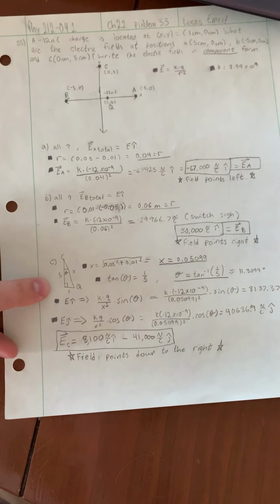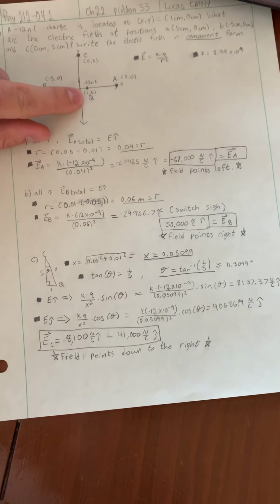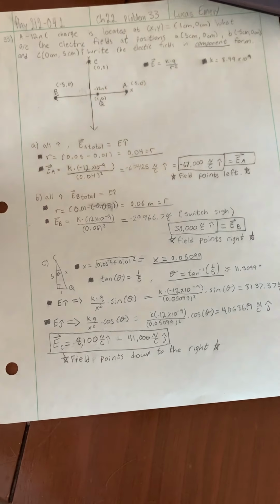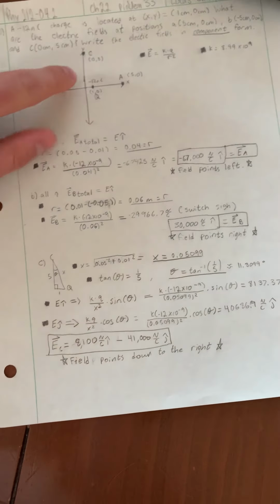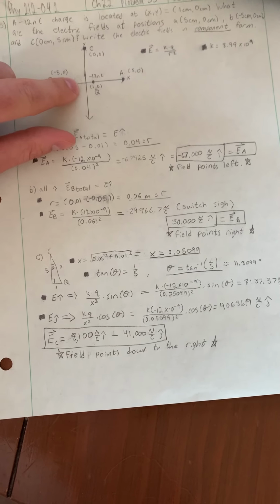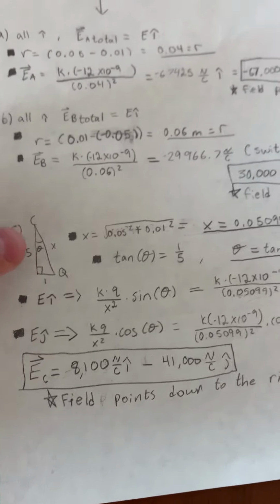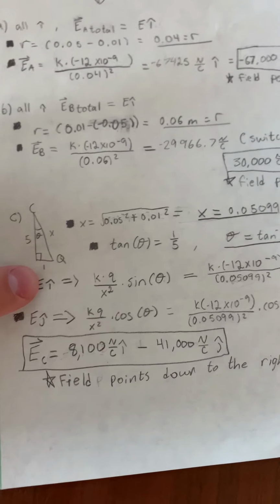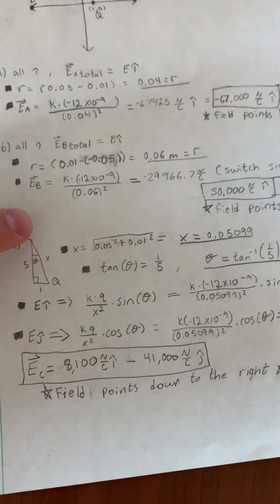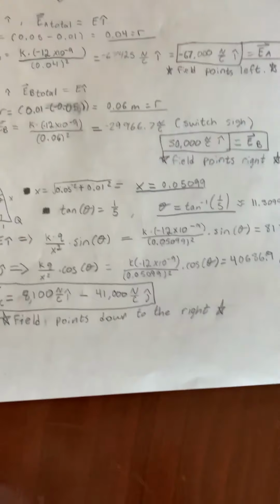For C, I had to draw a triangle and split the i hat and the j hat into different components because it is not purely in the j hat or the i hat direction. If you look closely at the triangle, we have a 5 right there and a 1 right there. Right triangle, we can find a theta.